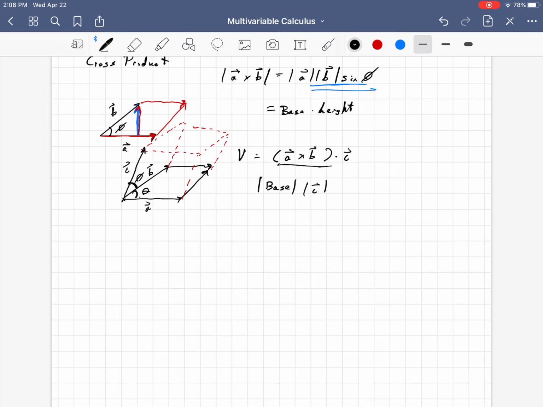then that is the magnitude of the base, or just the base, because that is vector A cross vector B, times the magnitude of vector C cosine phi. So C cosine phi, what is that vector?